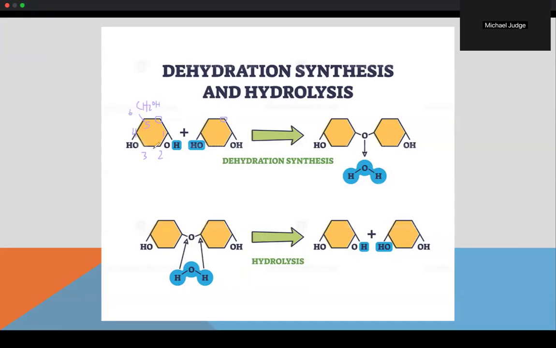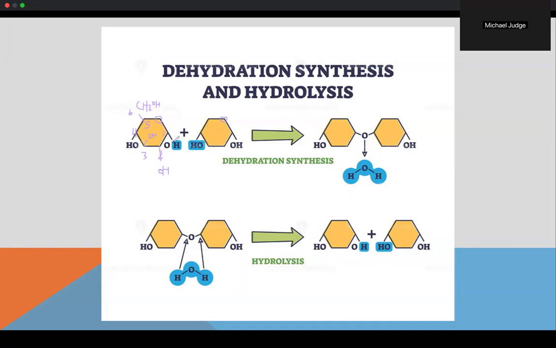Okay, and so if we have the alpha form of glucose, the first OH group is pointing down, the 4th OH group is pointing down. There would also, again, not shown here, be a second OH group pointing down and a third OH group pointing up. That's how we draw alpha glucose, down, down, up, down, go the OHs.